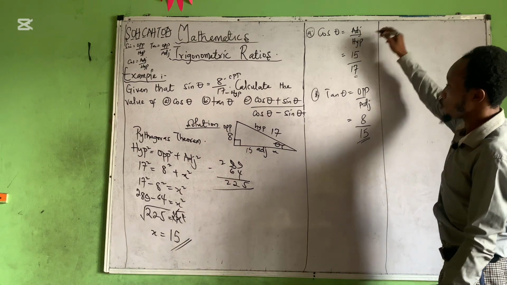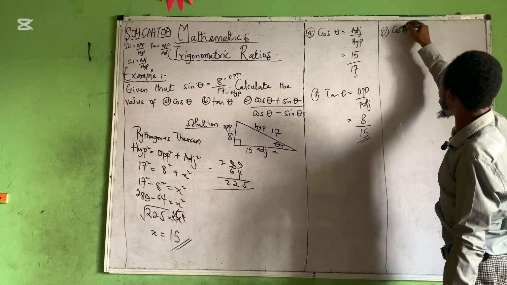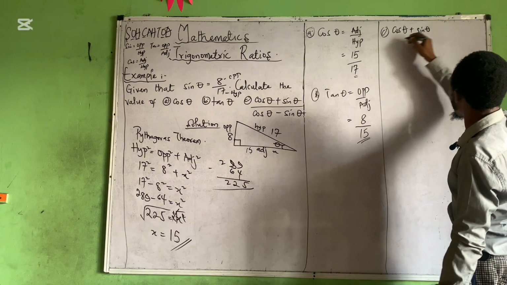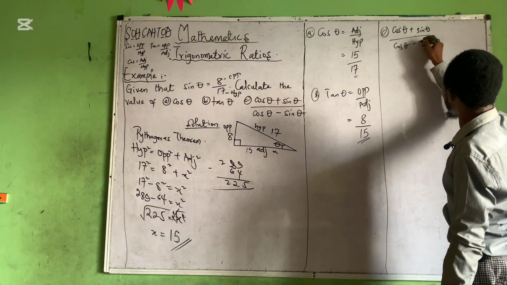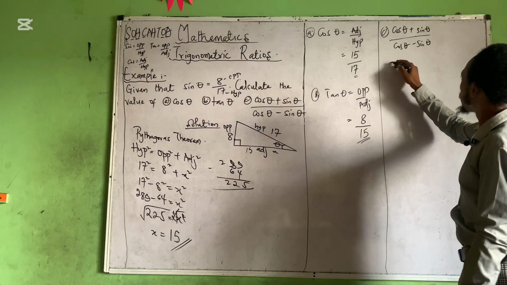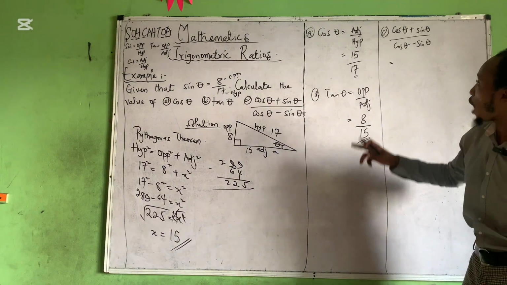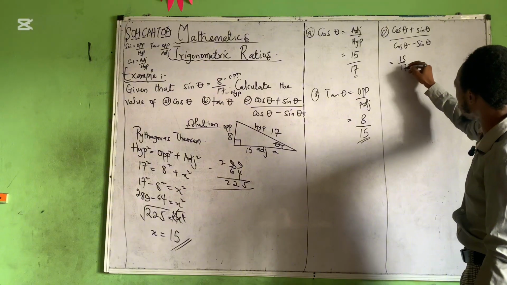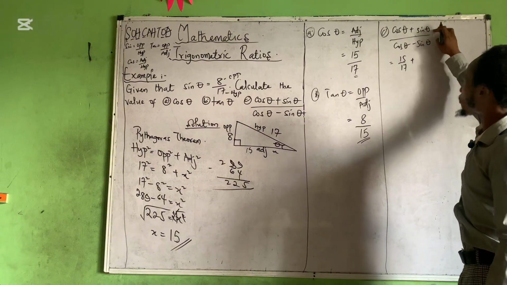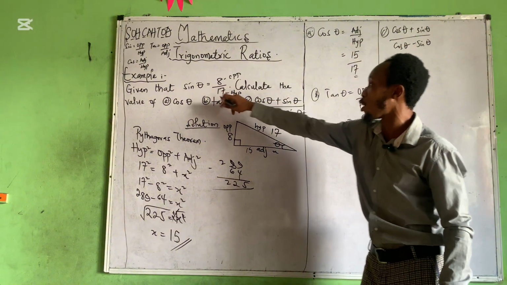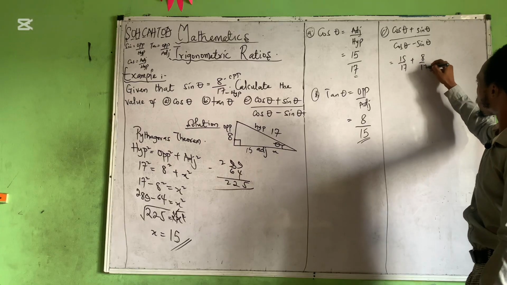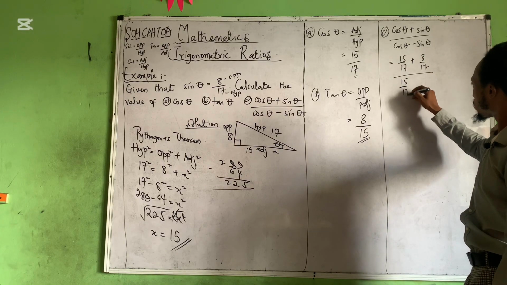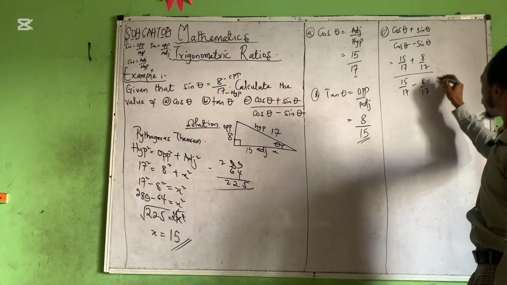Then C, we are being asked to find cos theta plus sin theta over cos theta minus sin theta. Have you found cos theta before? Yes, we found cos theta to be 15 over 17, plus sin theta, which they have already given us as 8 over 17, over 15 over 17 minus 8 over 17.